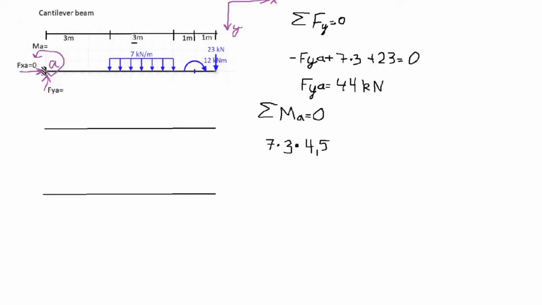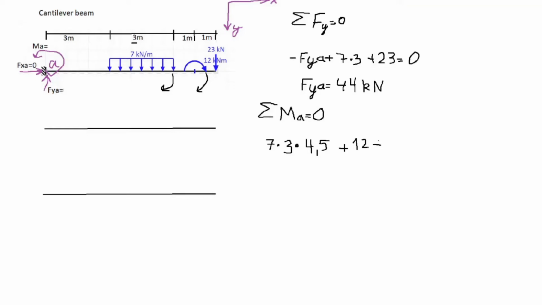Next up we have a moment which is acting clockwise, and we have marked our moments as clockwise will be positive moments, so this will be plus 12 kilonewton meters.